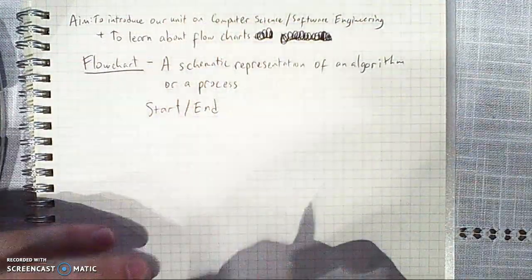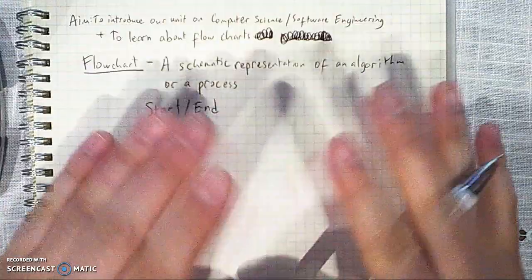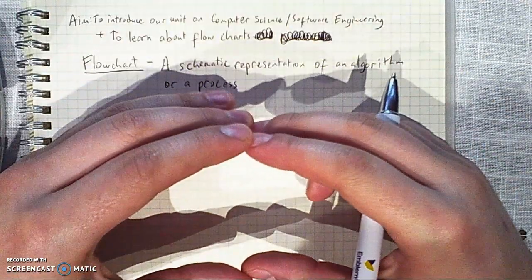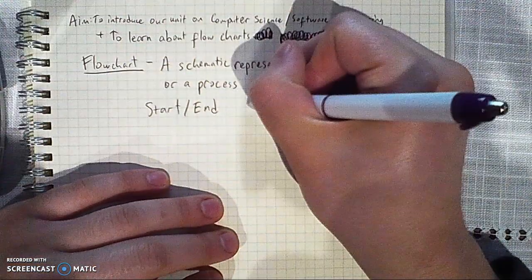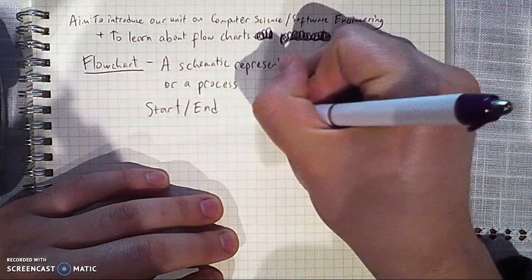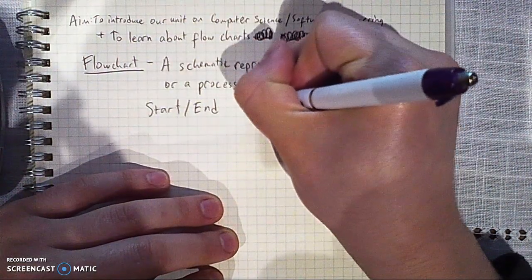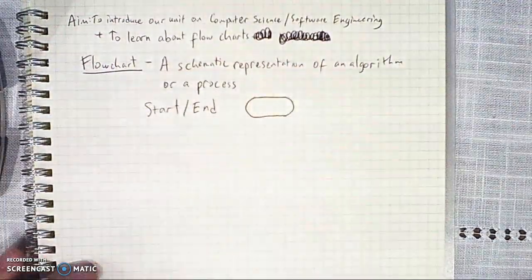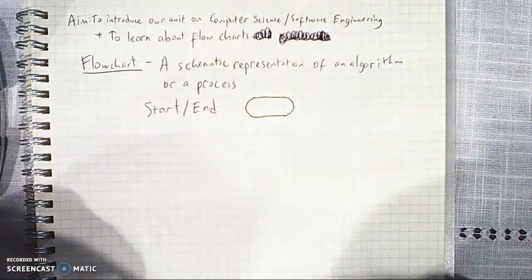And the way a flowchart works is all these parts have their own shape, and based on the shape of what is written inside of it, you know what it is. So the shape for start/end is like this. And that'll always be at the start and end of your flowchart.